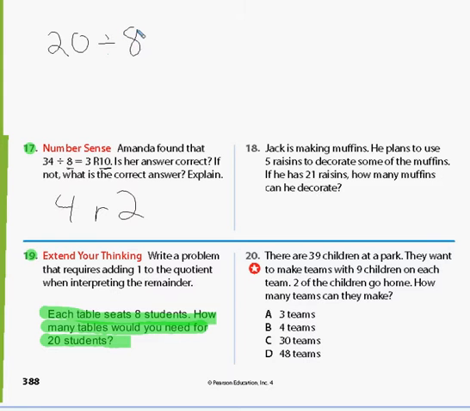And if I do my array with my dots, that's going to be 1, 2, 3, 4, 5, 6, 7, 8, 9, 10, 11, 12, 13, 14, 15, 16, 17, 18, 19, 20. Okay, so I have a remainder of 4.